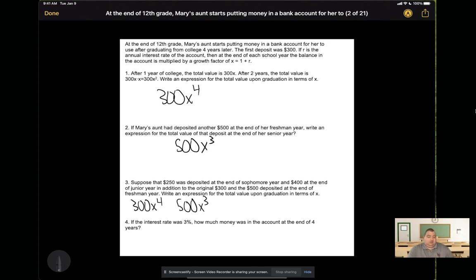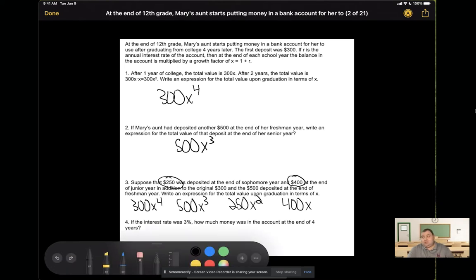What's the next deposit? It was $250 at the end of sophomore year. That deposit is only going to collect interest for 2 years, hence 250x squared. The last deposit was $400 at the end of junior year, which only collects interest for 1 year, so x to the power of 1, or we can just not write the exponent.